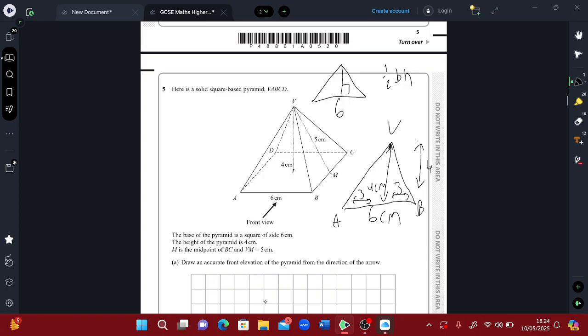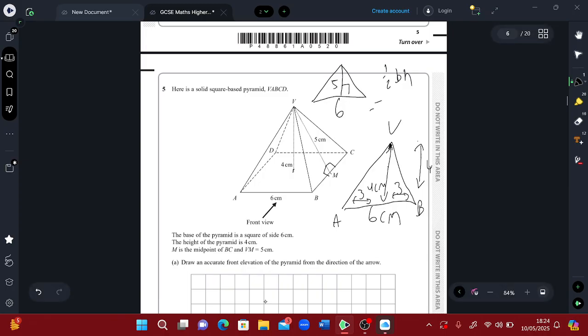That ensures two 90-degree angles on the side of it, like here. So this is the perpendicular height because it crosses the base of the triangle. So that 4 centimeters is not the height here; it's 5. So the height we have here is 5.